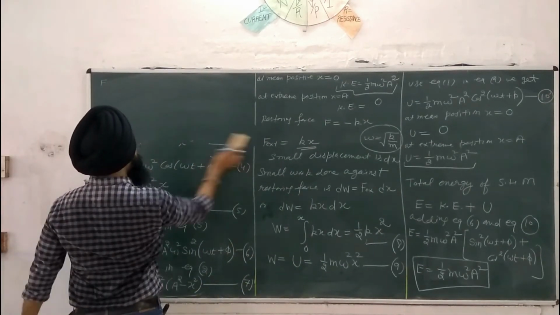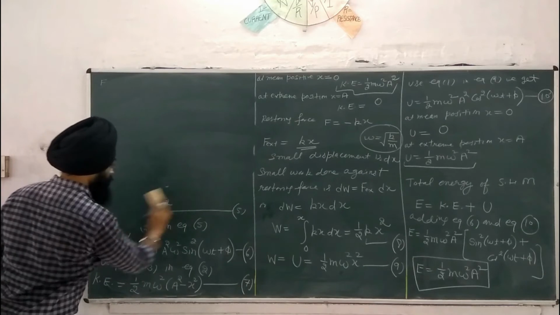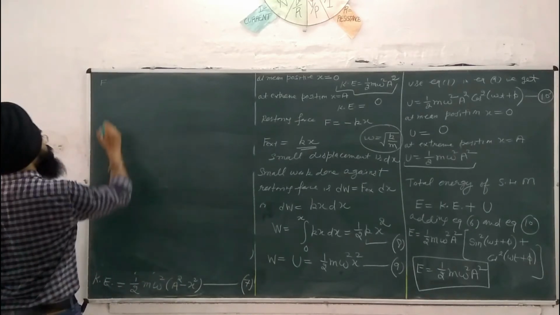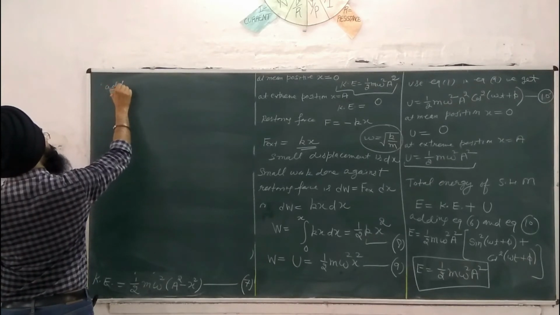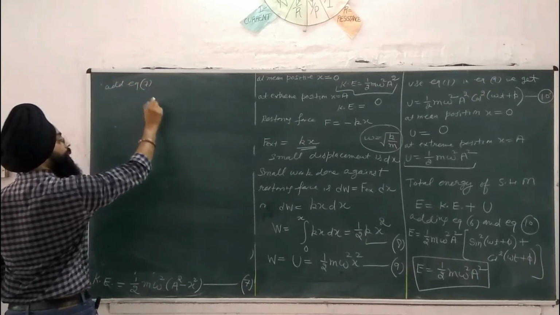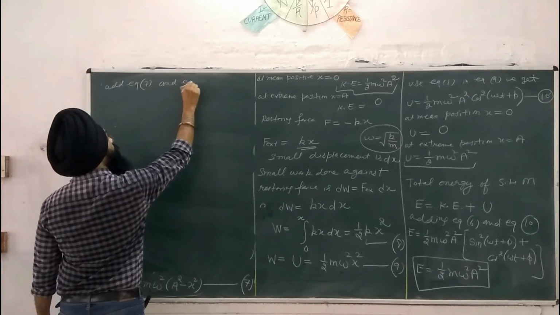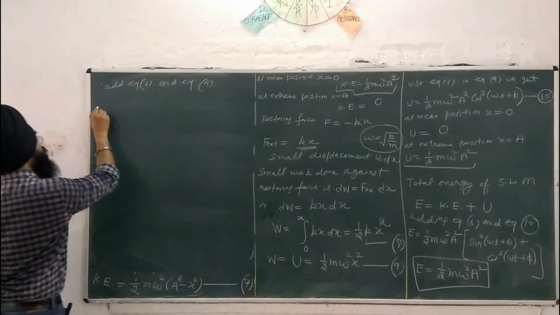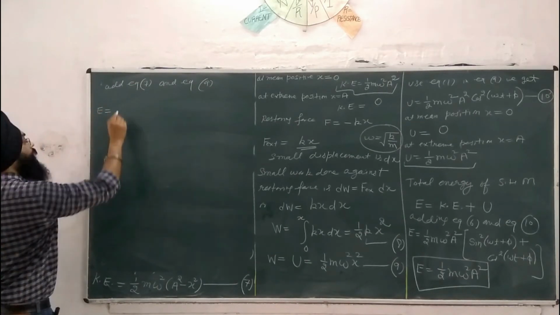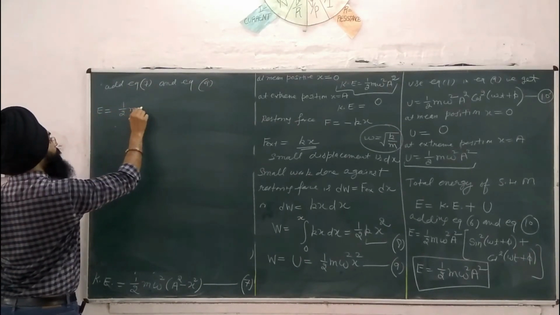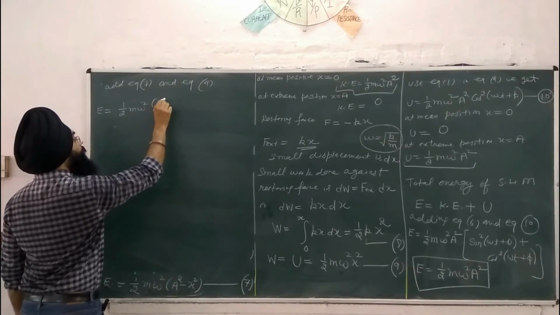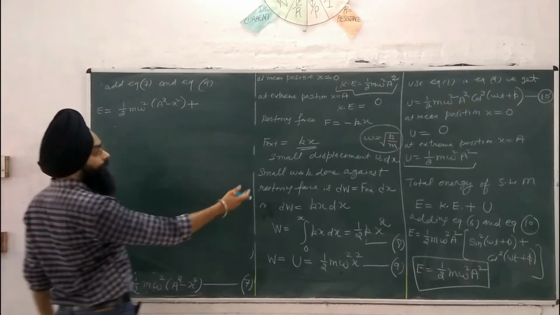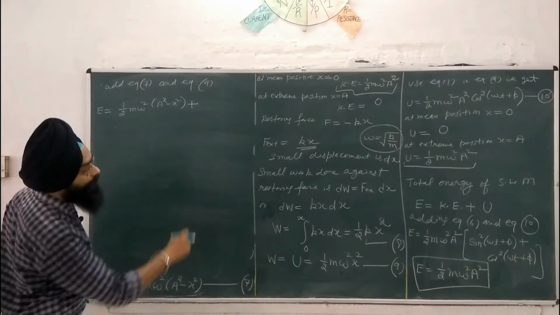So if we add 7 and 9, the total energy is half m omega square a square minus x square plus, where is equation 7?